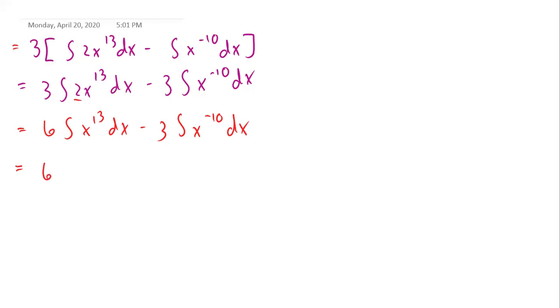It's going to be 6 times, by the property that we saw two videos ago, add 1 to the exponent, divide by that, add c, minus 3 times, add 1 to the exponent, so negative 10 plus 1 is negative 9, divide by that new exponent, add c.